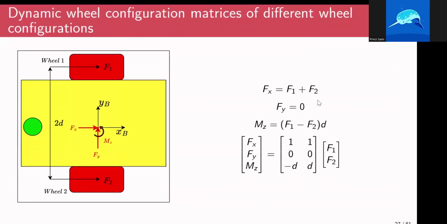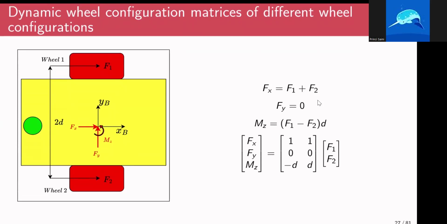And just like what we have seen in kinematics, we also need to map the forces acting on the body fixed frame of reference into the forces or the torques that are acting on the wheels, right?